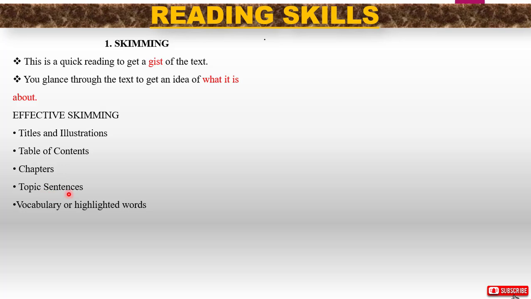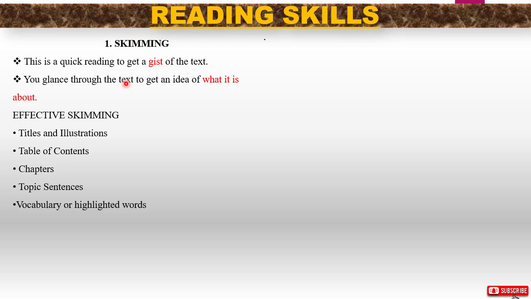It will give you a brief summary of what the text is about. And also, checking the vocabulary or highlighted words in the text can also help you to get an idea of what it is about. Doing all these, you are not reading the entire text. Rather, you are just glancing through it to get an idea, to get a gist of what the text is about.